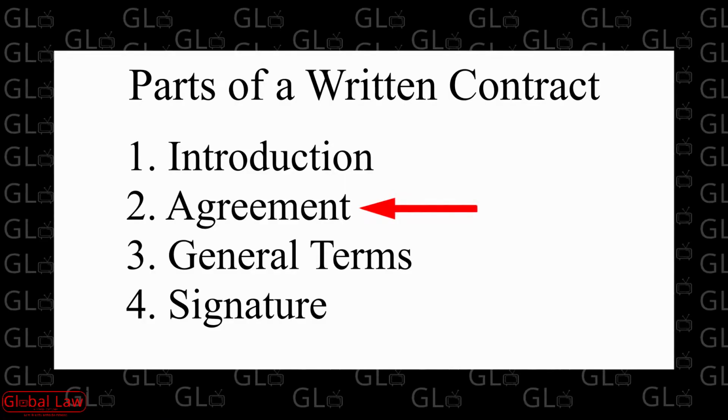So that's the introduction. And then you get to the agreement section, and this probably is the most important aspect of a contract, because it deals with the services and the money. And if you don't get the services and the money right, then the contract isn't right for the most part. That deals with the 3 terms we talked about earlier: an offer, an acceptance, and consideration.